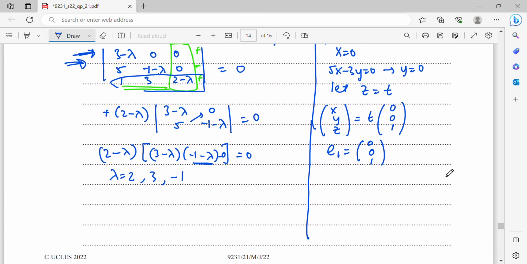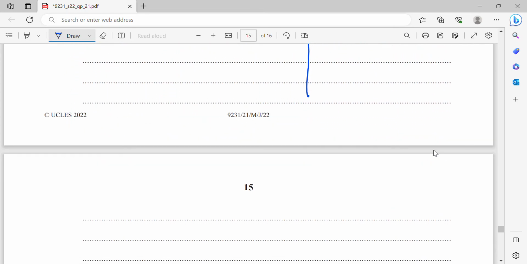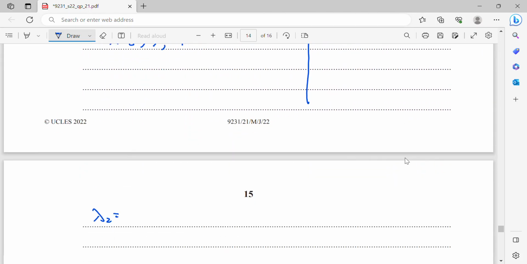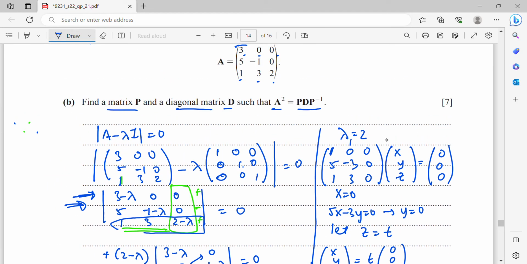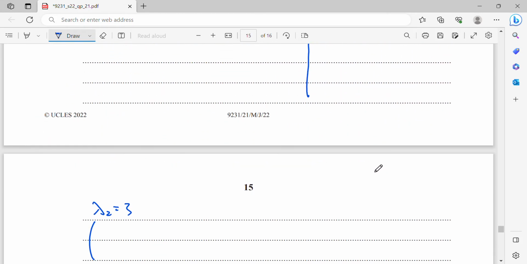My next lambda, let it be lambda 2, and it is 3. So again substitute lambda equals 3 into this matrix. First row will be 0, 0, 0 because 3 minus 3.